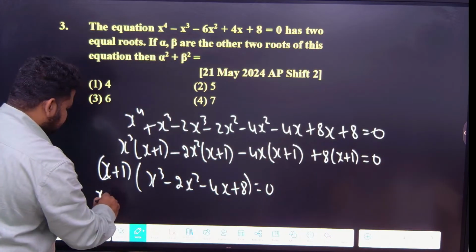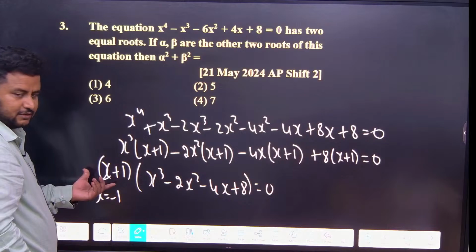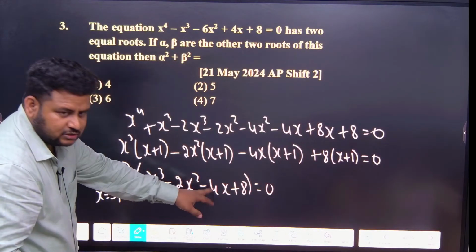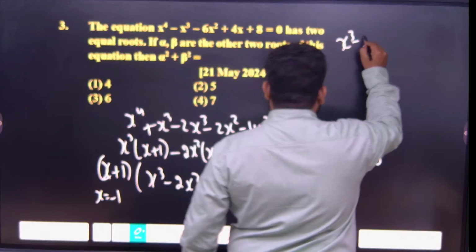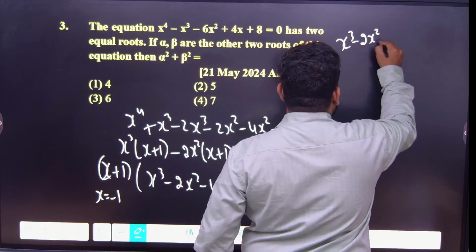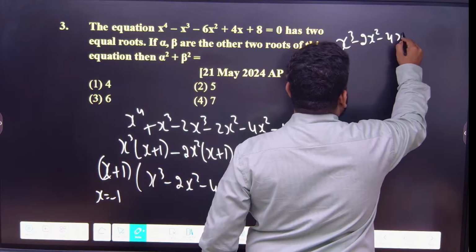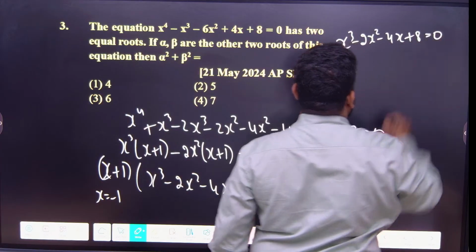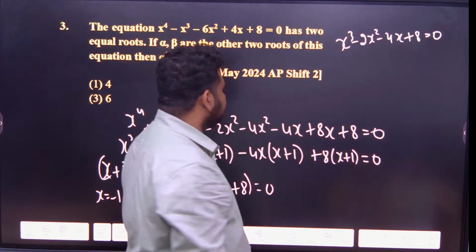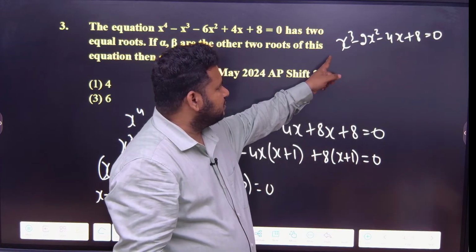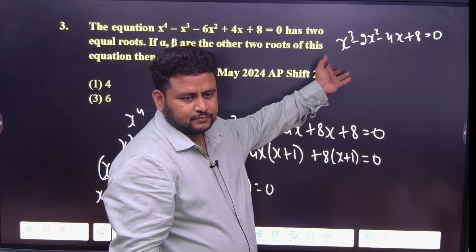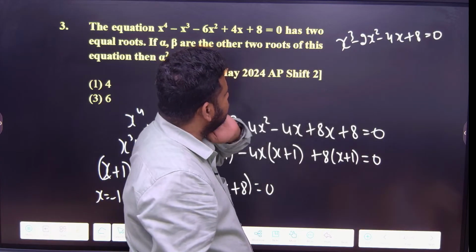So x will be equal to minus 1, x plus 1 will be a root. Now we have to solve this to get one more root. So the equation we are having is x cube minus 2x square minus 4x plus 8 is equal to 0. Now see here, minus 1 we got, let us check for plus 1, just trial and error method. With 1 you will not get it. What about 2?